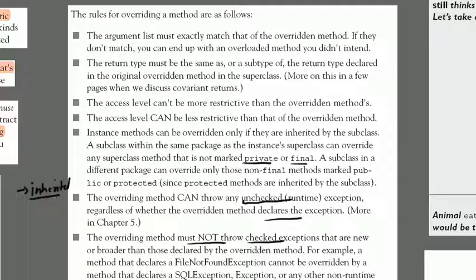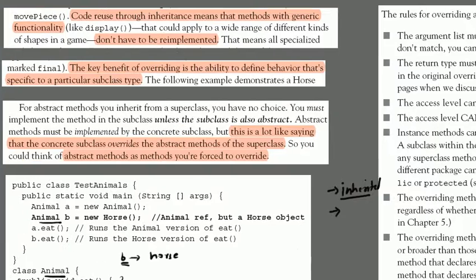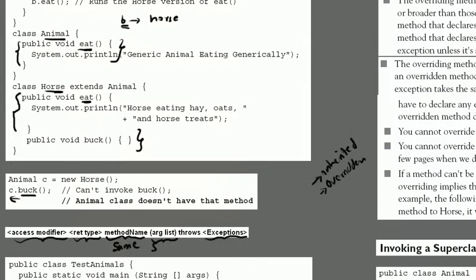Once you know it's inherited, it should have the same method name, as well as the exact same argument list. The return type could be the same or it could be a subtype. The access modifier could be the same or should be less restrictive than what is given in the parent class.